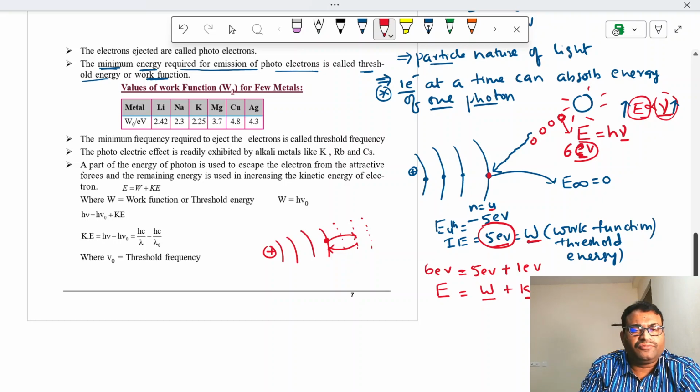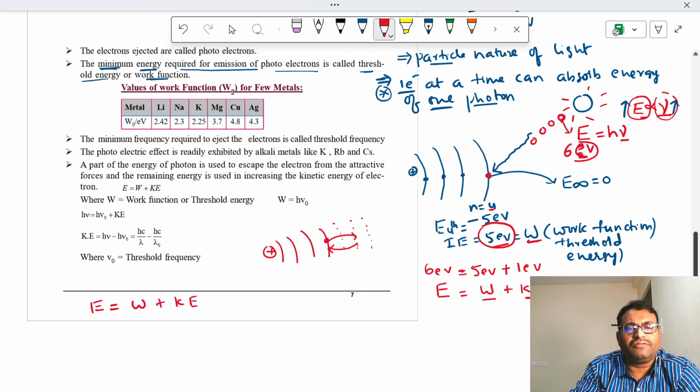So what we are saying is, E is equal to W plus KE. What is E? E is the energy of the photon, or incident radiation. Radiation is being incident on this. What is W?